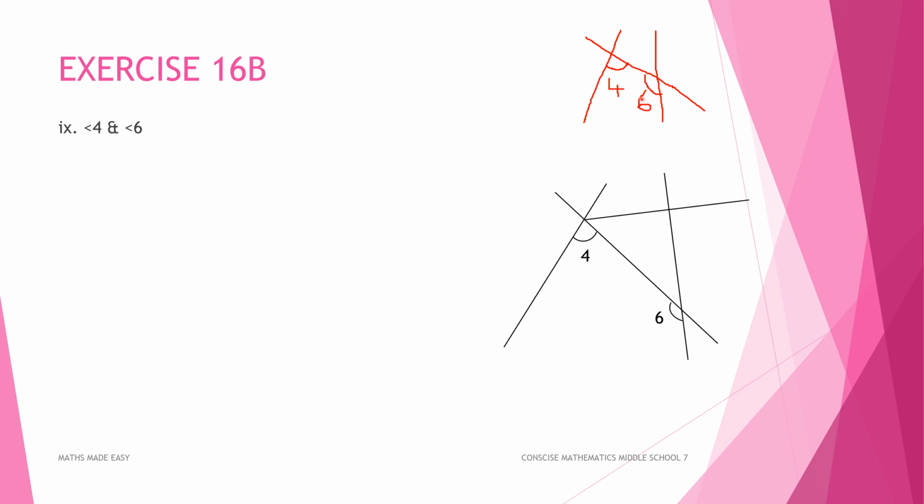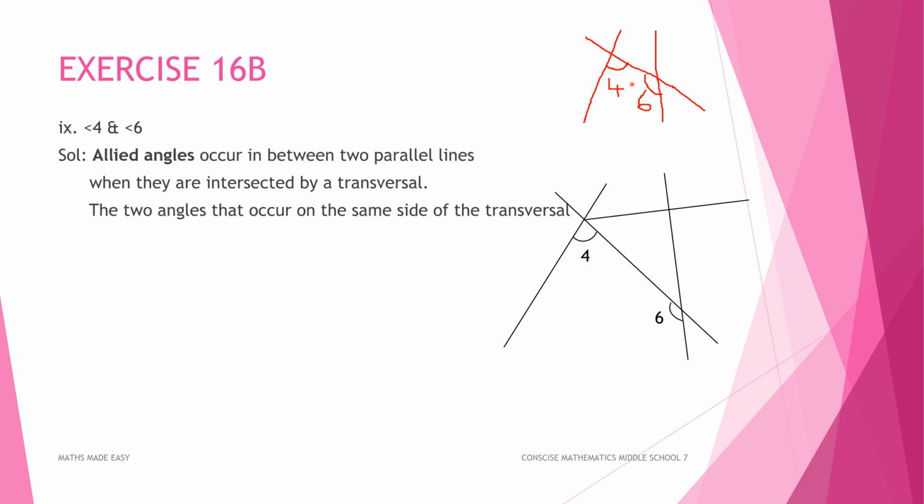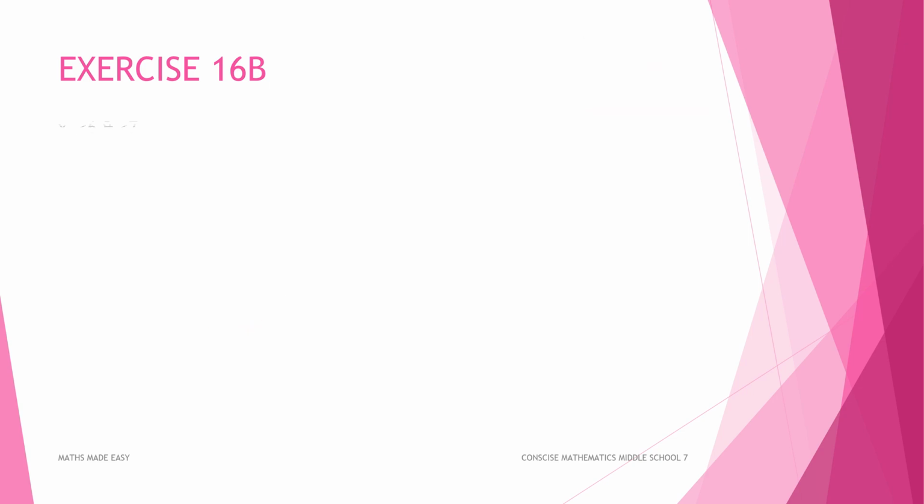So there is a chance of it being an allied angle. They are both arranged in the same direction, on the same side. So both are allied angles. So angle 4 and angle 6 are allied angles, or co-interior angles, or co-joint angles. I hope you understood this.